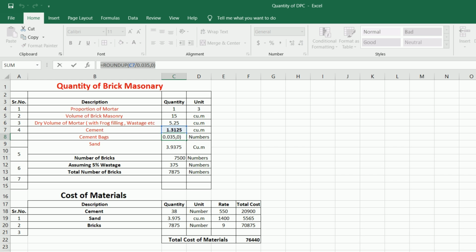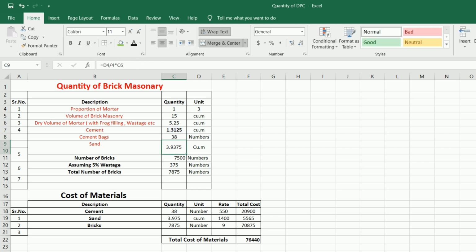So round up C7, where C7 is the volume of cement, divided by volume of cement bag, which is 0.035, comma 0. So when you enter this, we require 38 cement bags, which unit is numbers.